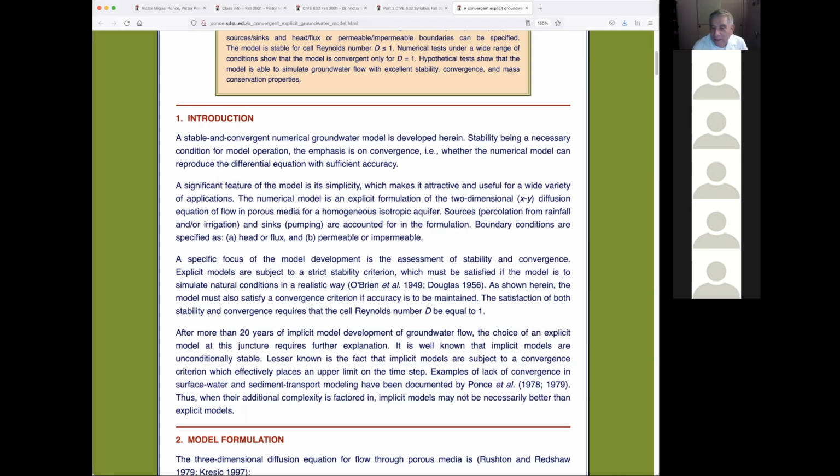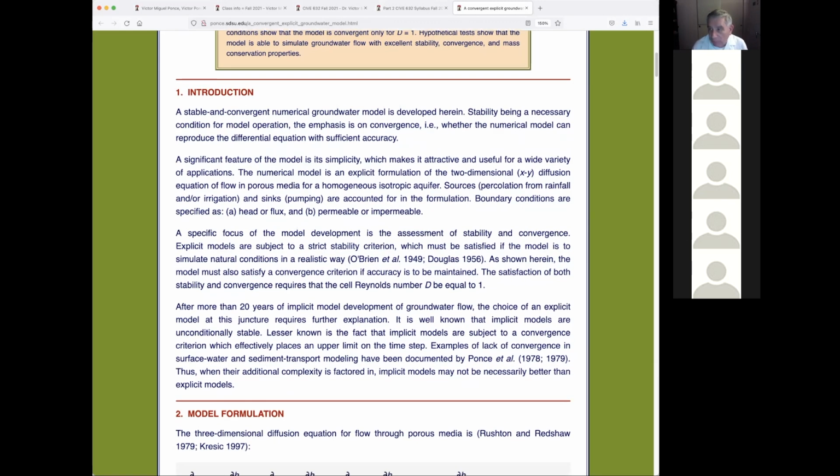It's constant. Sources, which is percolation from rainfall or irrigation, into the model, into groundwater, and sinks, pumping, are accounted for. So we can pump out anything, anywhere out of this model.